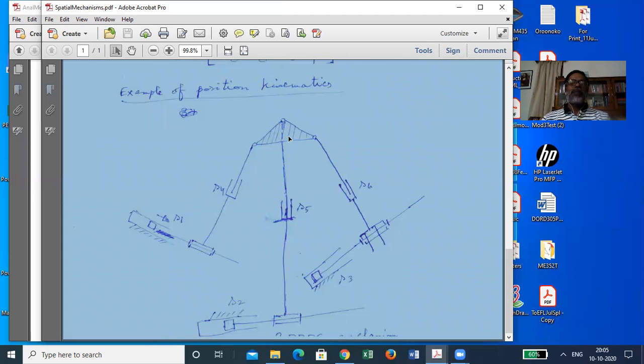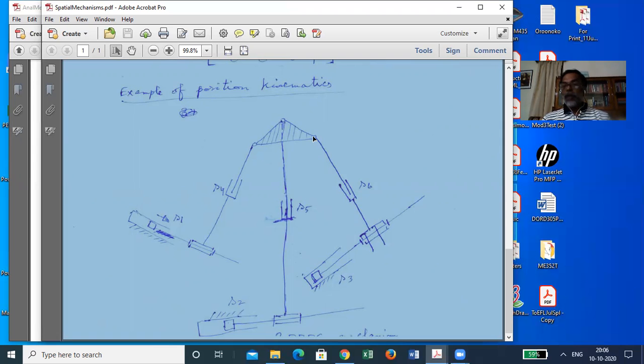Okay, and these two are connected through three legs. That is why three. And what kind of legs? The legs are prismatic, revolute, prismatic, spherical. Okay, all three of them: prismatic, revolute, prismatic, spherical. Similarly, prismatic, revolute, prismatic, spherical. Okay?